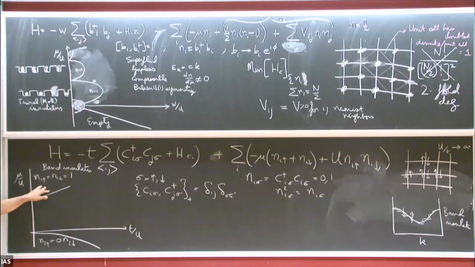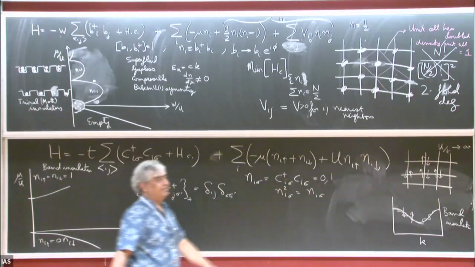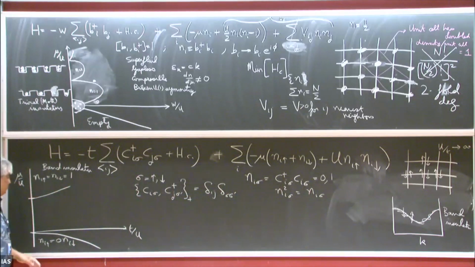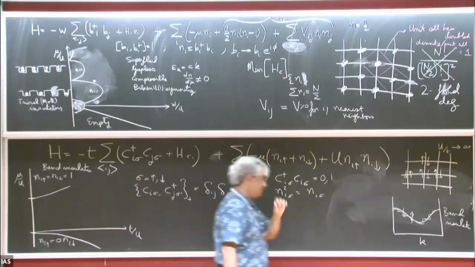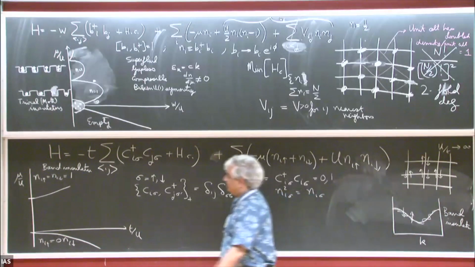This one doesn't. There's only one state, and you can think of it either in the local basis or in the band basis. So it's really the particle-hole conjugate of the empty state, this state up here. Okay, so that's the easy stuff. You have a band insulator, or you have the empty state.